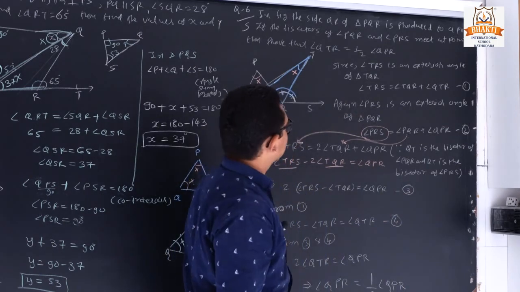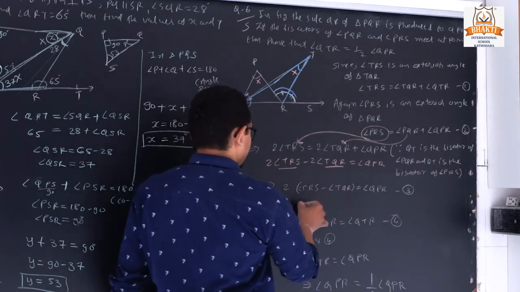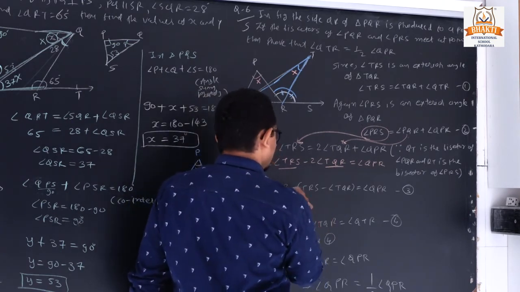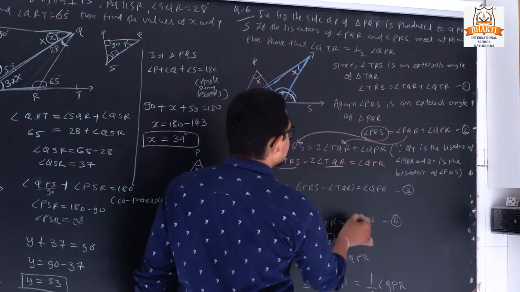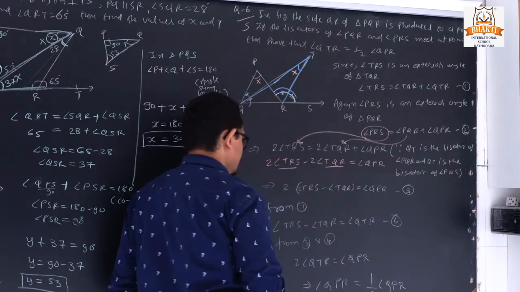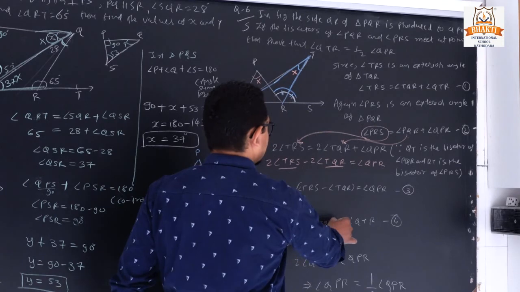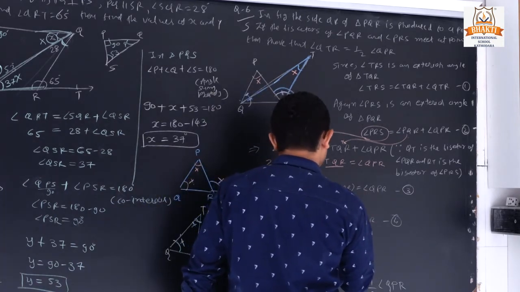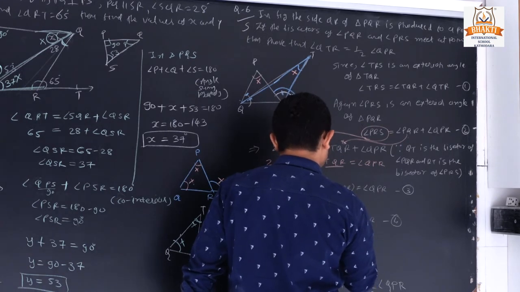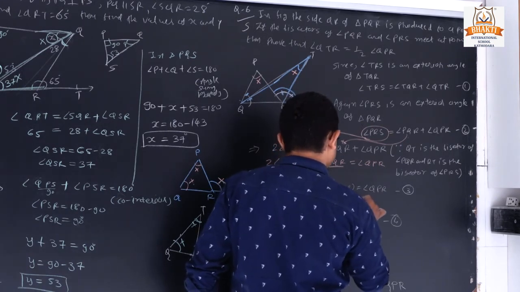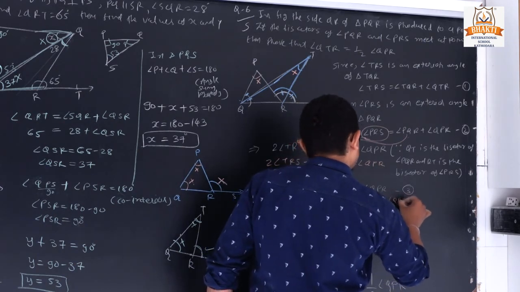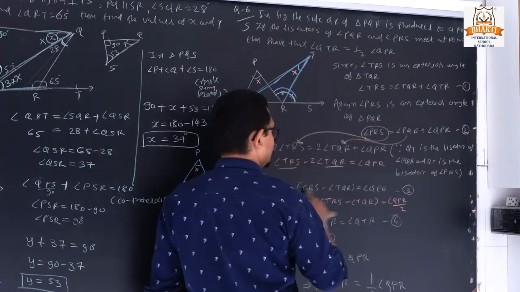Now from result number 1, this 2 is going to the second side. Clear? So TRS minus TQR is equal to QPR divided by 2, because this 2 is going to the second side.